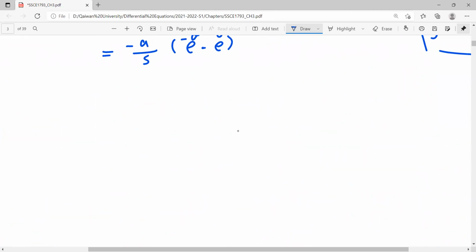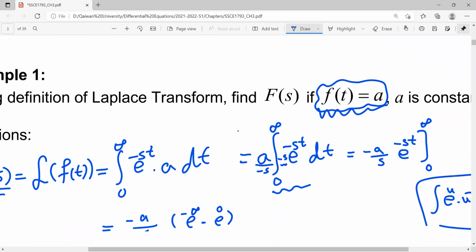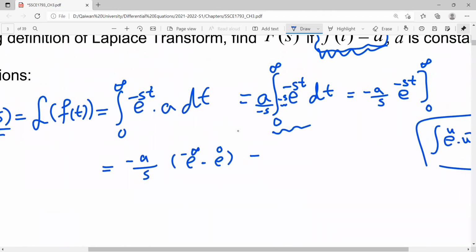And here we say it equals minus a over s, 1 over e to the power infinity minus e to the power 0, which is 1. It equals minus a over s times, this is 0, because any number divided by infinity is 0, because e to the power infinity is infinity, and 1 over infinity is 0.